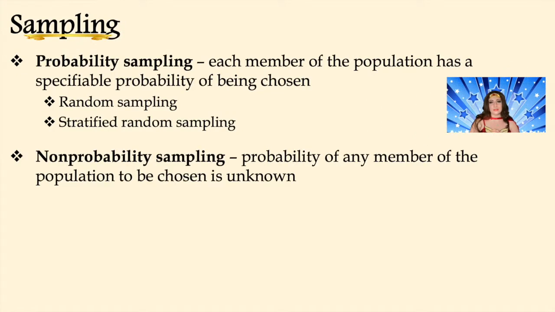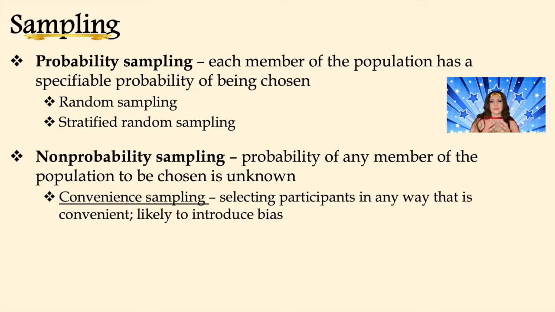And the other type of sampling we have is non-probability sampling, right? So the probability of any member of the population to be chosen is unknown. And this is related to convenience sampling. So again, given the situation that we are in now, or even when we were in the university in person, it was very common for lower division psychology students to be required to participate in experiments of upper division psychology students, such as yourself, for some type of class credit.